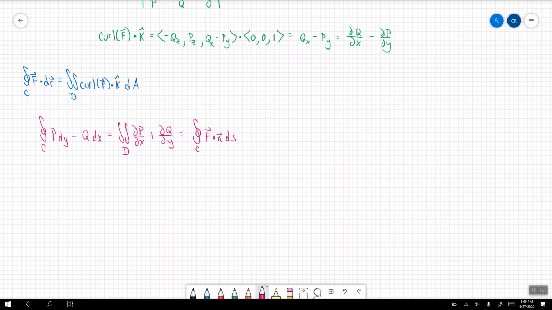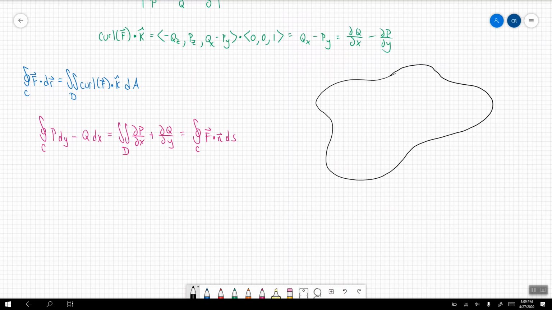What I want at this point in time is some curve that I'm going to be observing, and I'm going to give this curve a certain orientation. We're going to be traversing this curve in a counterclockwise direction, just like this.